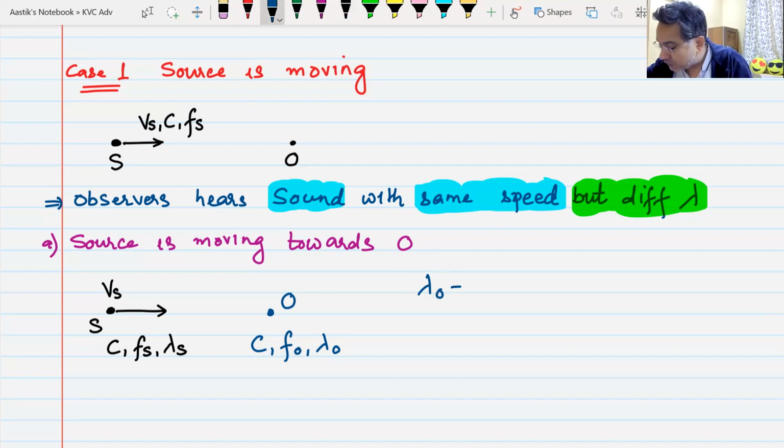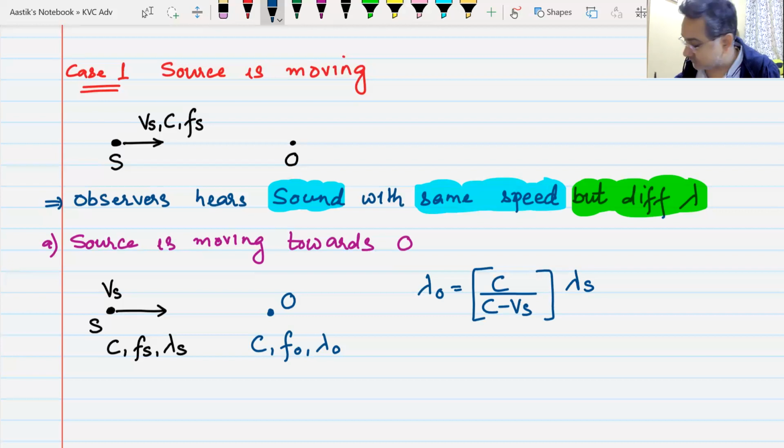Lambda naught, the wavelength received, is C upon C minus Vs into lambda of the source.